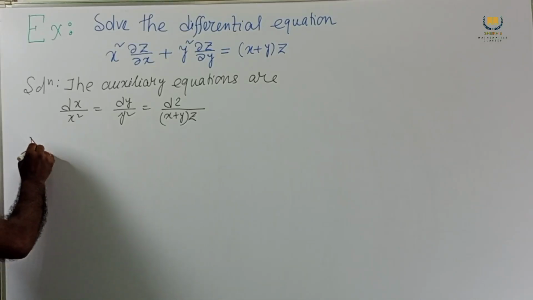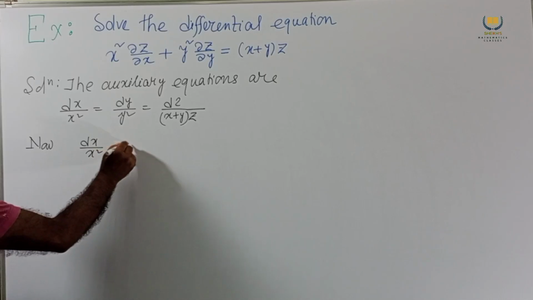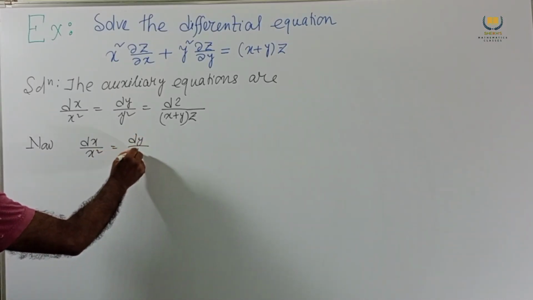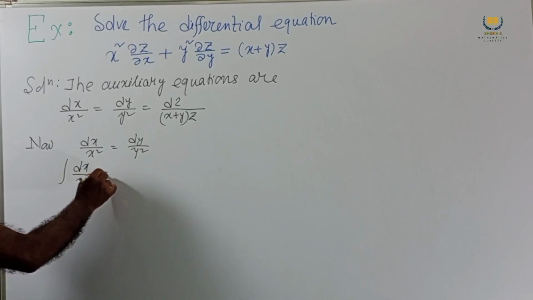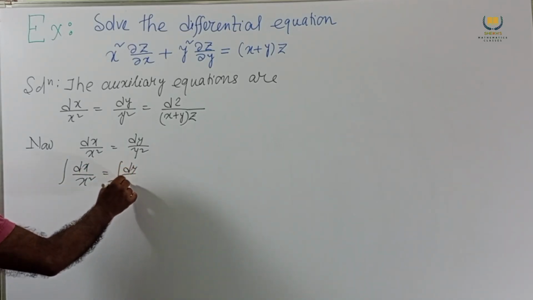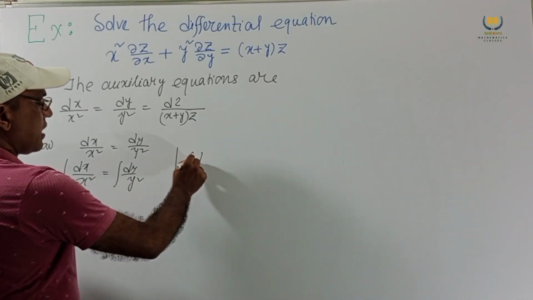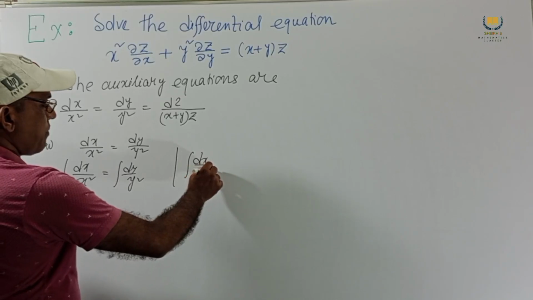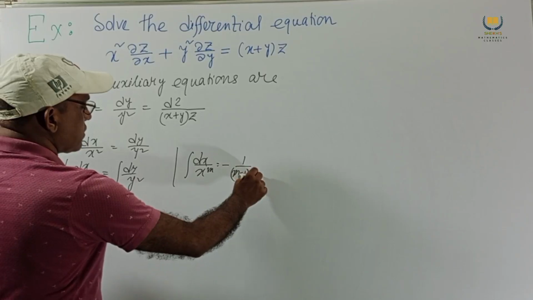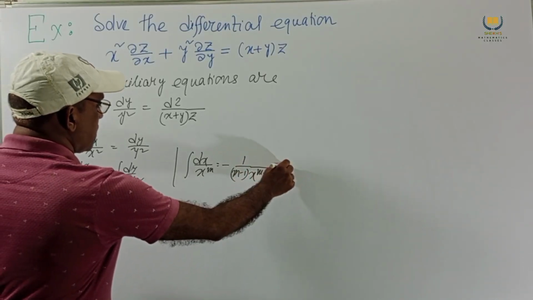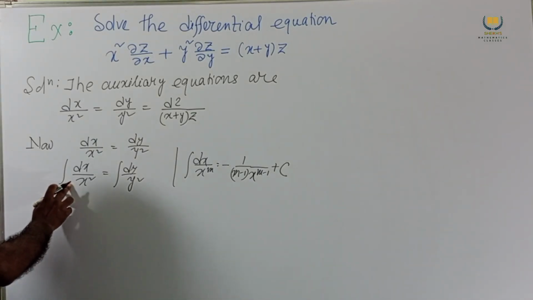dx/x² = dy/y². We integrate both sides. We know this formula from lower classes: ∫dx/x^m = -1/((m-1) x^(m-1)) + c. Here m is 2, so m minus 1 is 1.